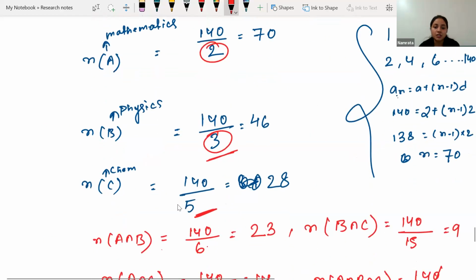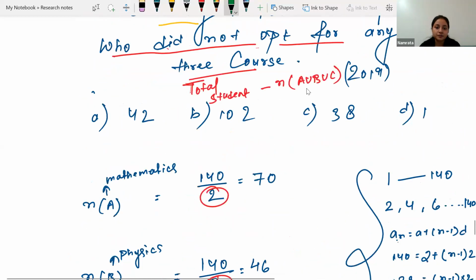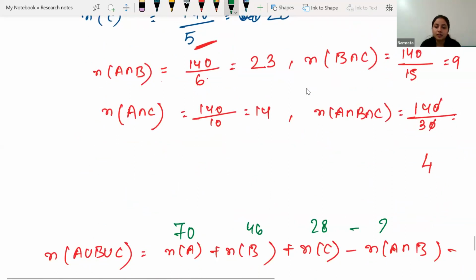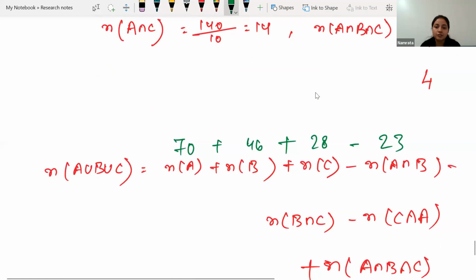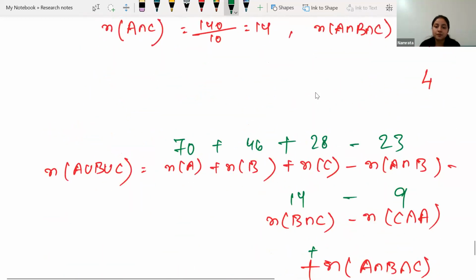We are having 70, 46, 28, minus 23, minus 14, minus 9, plus 4.